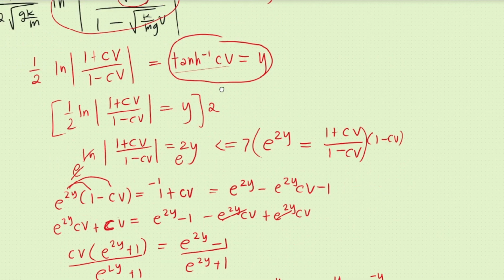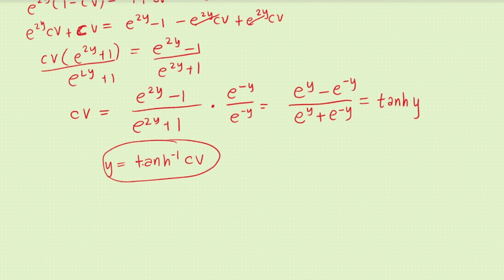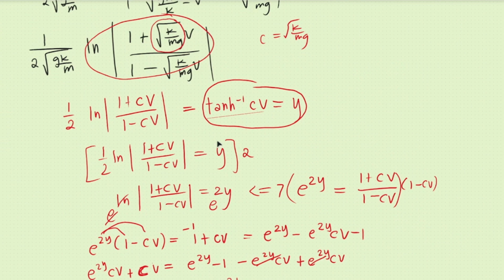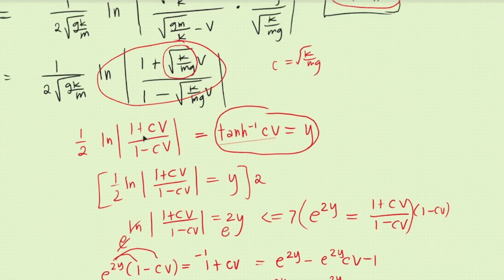If we do the inverse, we also have the hyperbolic tangent of y is equal to cv. We just do the inverse of this one, we'll get this one. And as you can notice here, our hyperbolic tangent of y is this, and our cv is this. So we've just proven that this formula is true for any c.